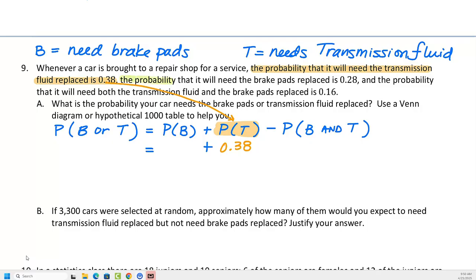And the next is the probability that it will need brake pads is 0.28. Okay, fine. Well, isn't that this one right here?